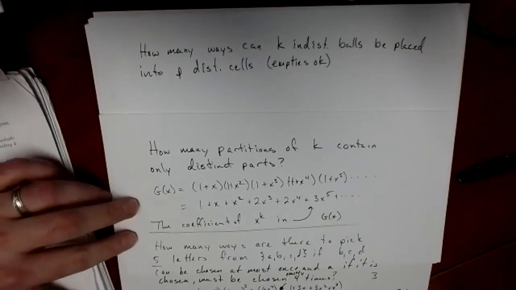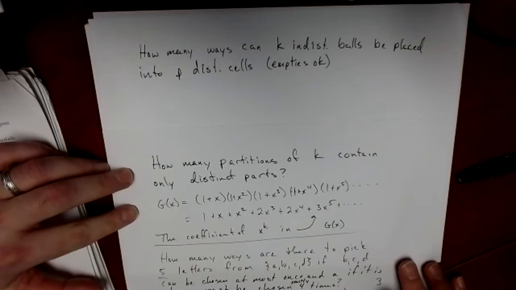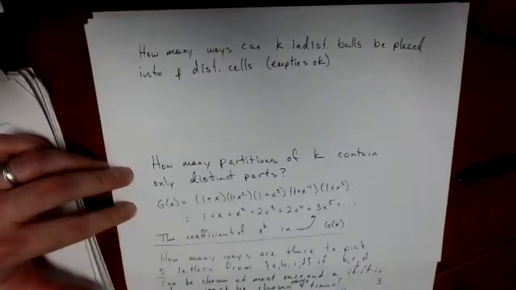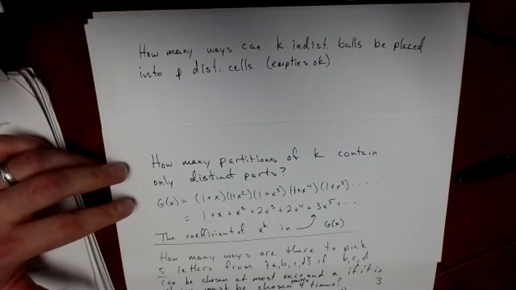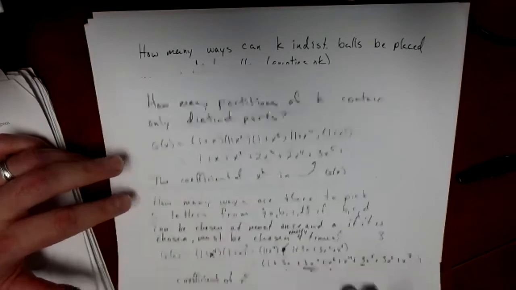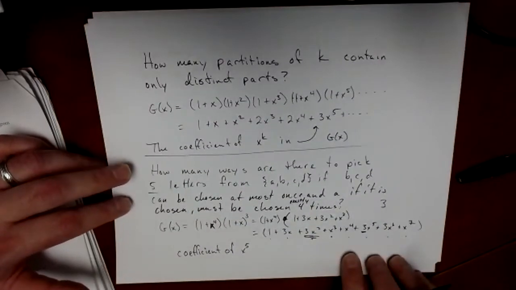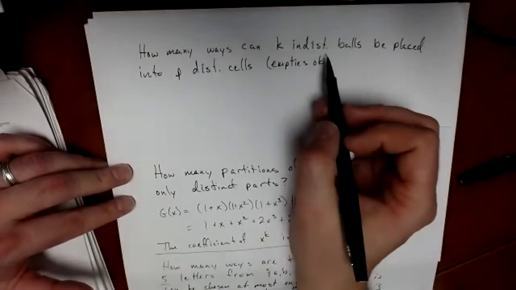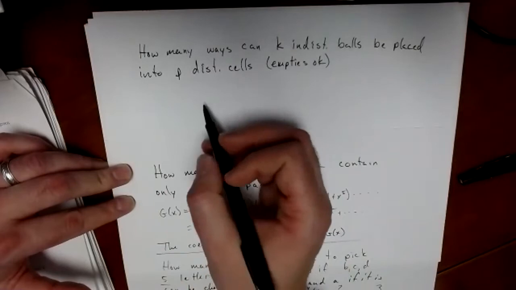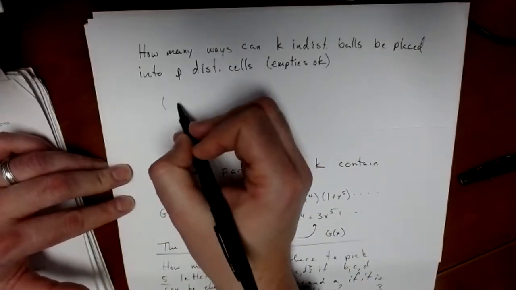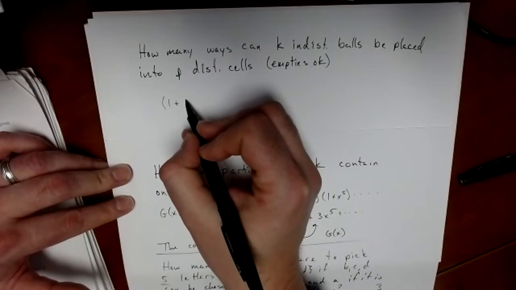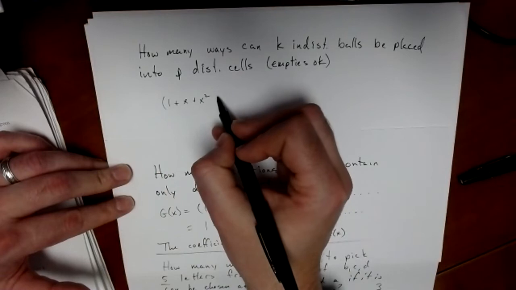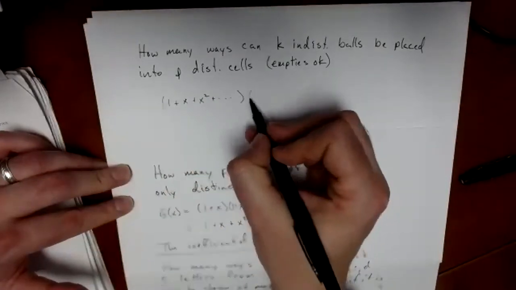So if we have P distinguishable cells, these are like my colors, or like my choices, how many A's, how many B's, and so on. So I can divide the K balls between the P cells, and I can put either 0, 1, 2, or so on into the first cell.